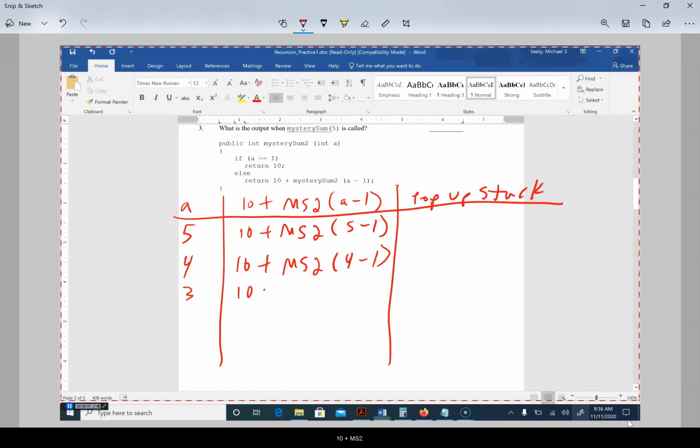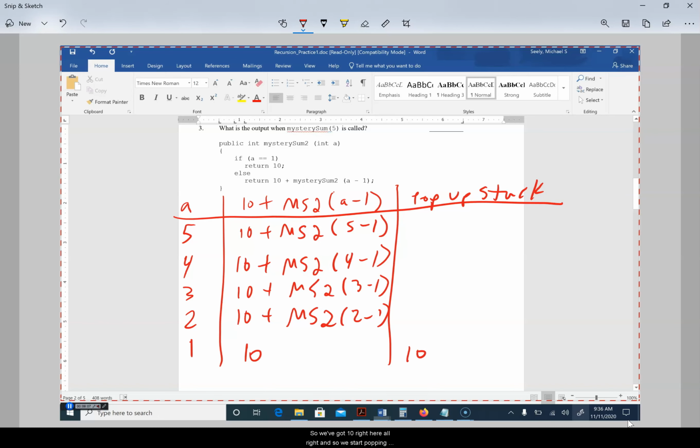Okay, 10 plus MS2 is 3 minus 1, which is 2. Again, A is not equal to 1, so we just keep doing this. MS2, we got 2 minus 1. Now that is 1, and 1 returns 10. Okay, so we've got 10 right here.